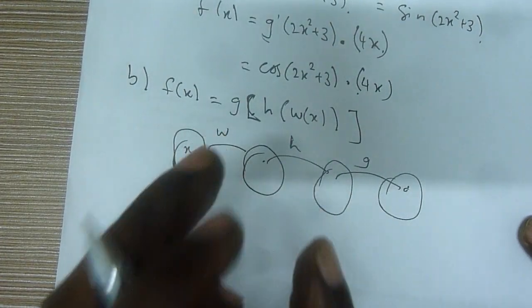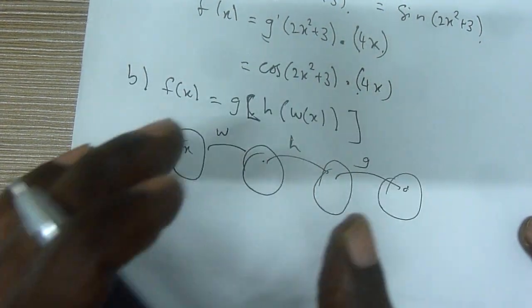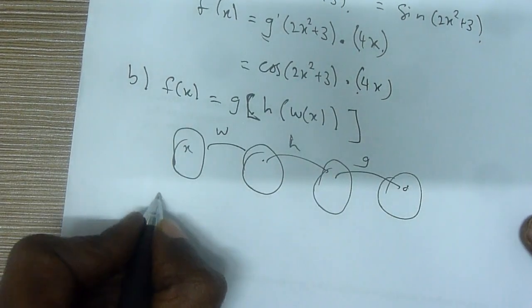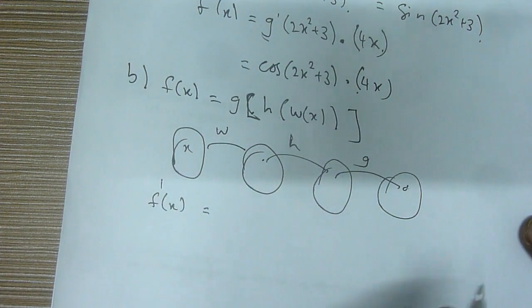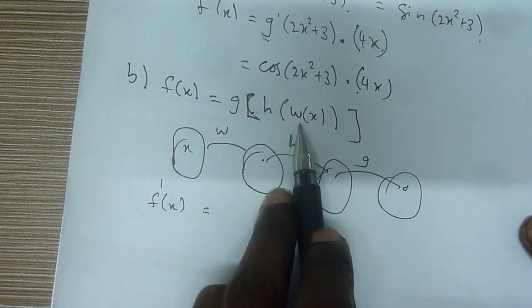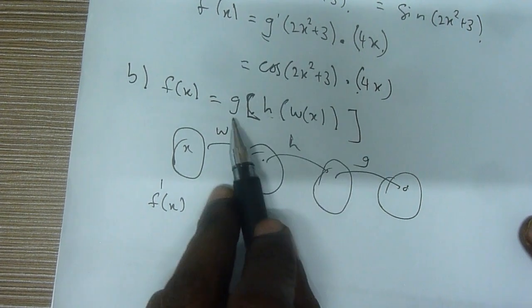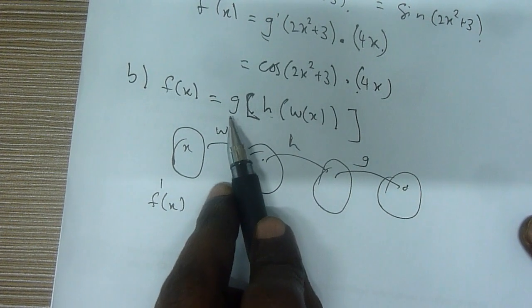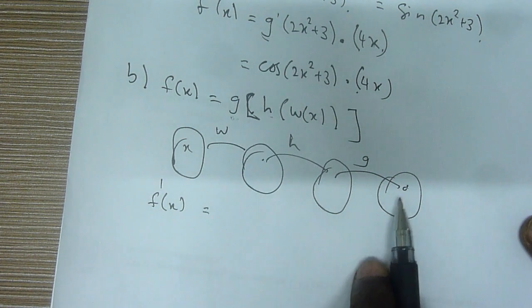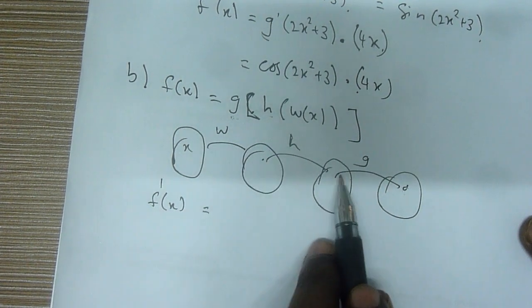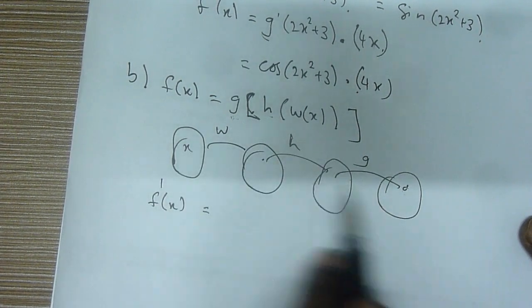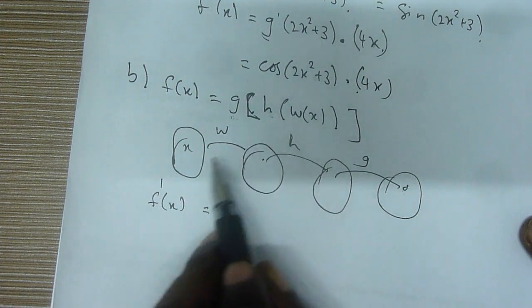Therefore, to differentiate this, follow the same method. Here f(x), when I differentiate, first of all, don't go and touch inside. First you need to handle the outside, because you cannot directly go inside, it's all composed, it's a chain rule.